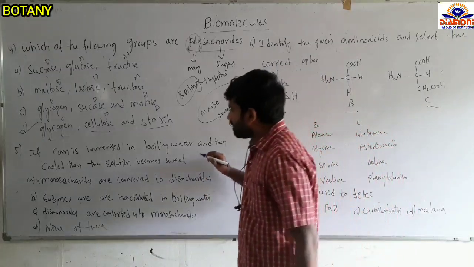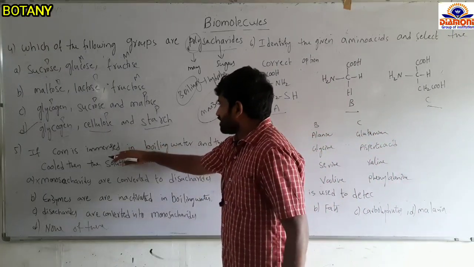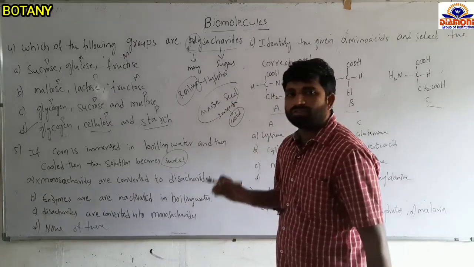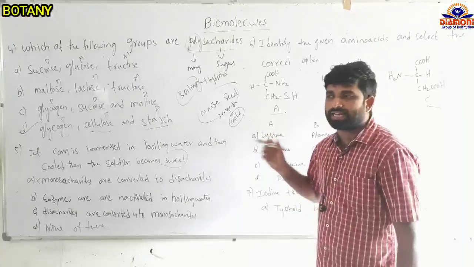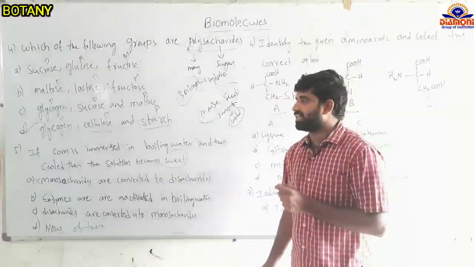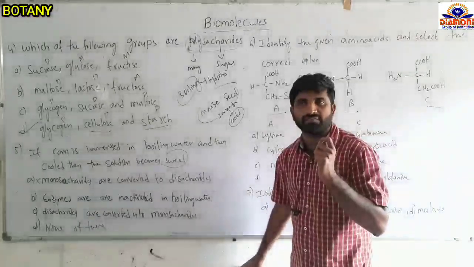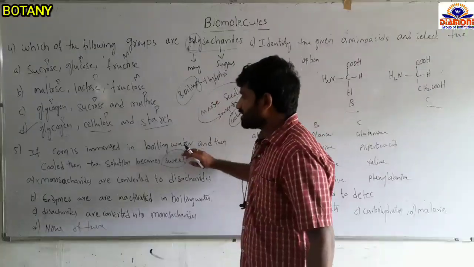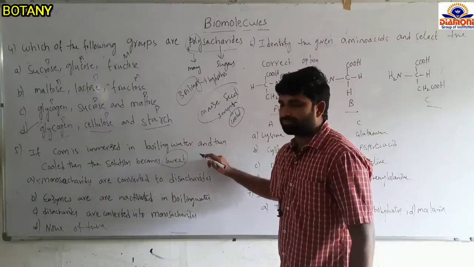Here the maize seeds become sweet, so one form of sugar is converted into another form. At the time of conversion enzymes may be involved, but the involvement of enzymes is not the criterion for the conversion into the sweet form.